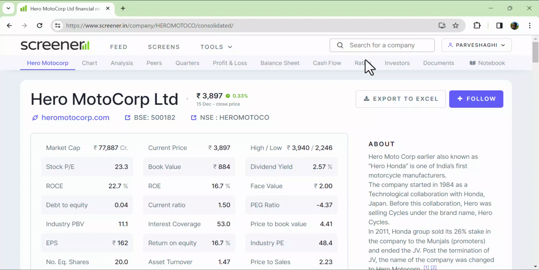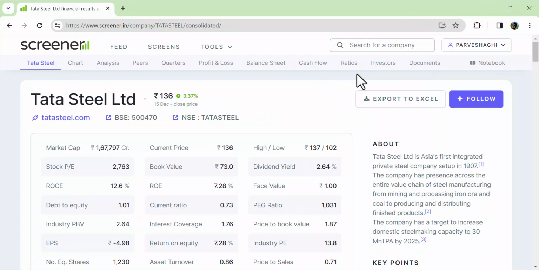Let's look at Tata Steel. How much PE ratio is it showing? It is an absurd number because they are into losses, or making a very small profit. So the PE ratio looks very high because the company's earnings cannot drop down to zero. The share is 136 rupees, and the profit is very less.